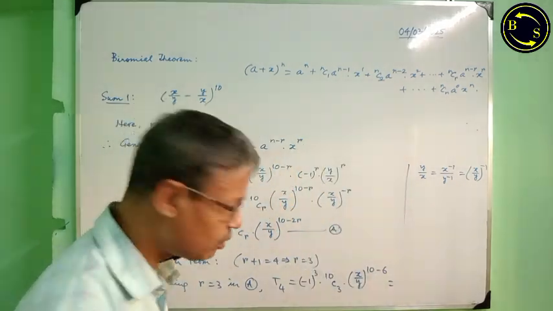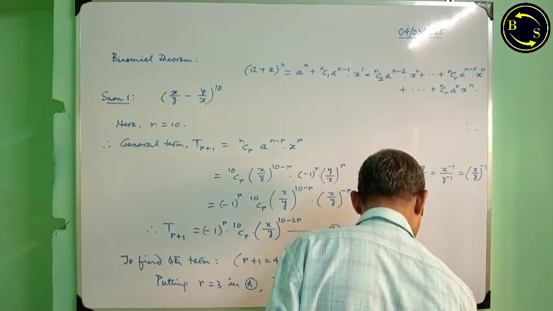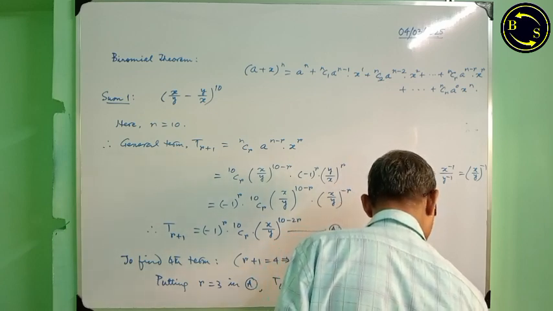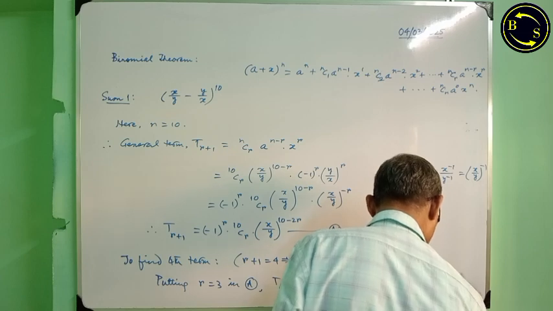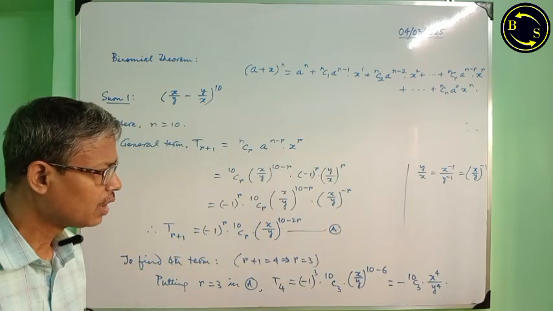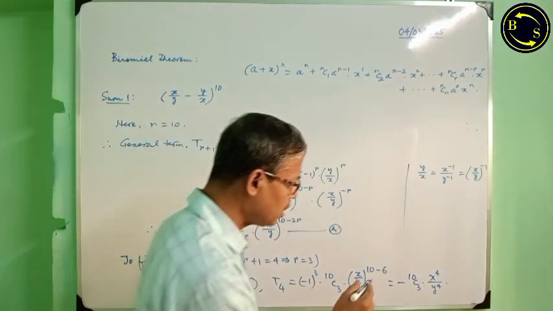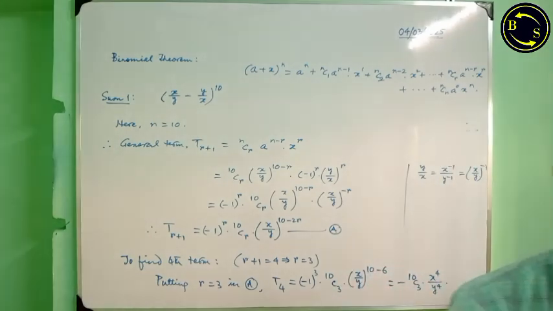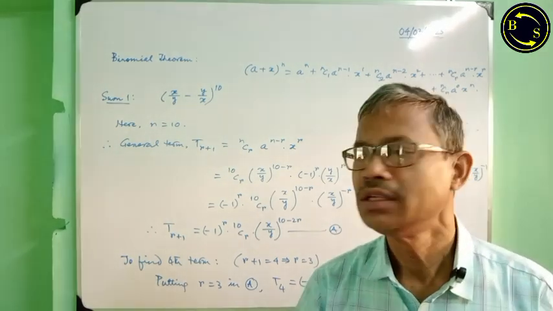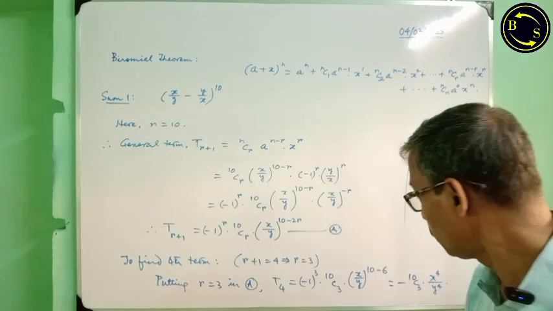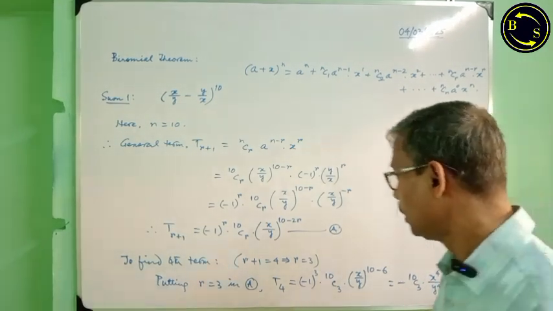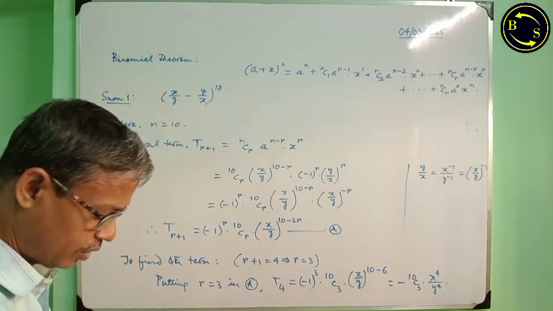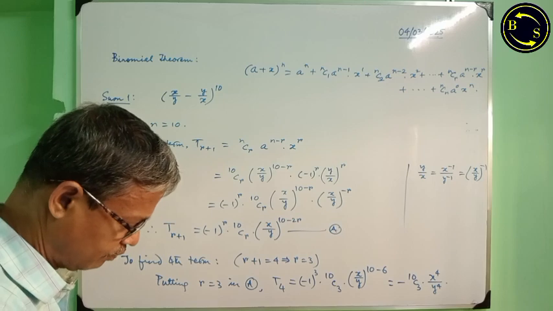Minus 1 whole cube means minus 10 C 3, x to the power 4 by y to the power 4. Since 10 C 3 is a large number, we did not write the value. If you were to prove, then you shall put the value. Otherwise, you keep the result here. Thus, we have got the general term and the fourth term.